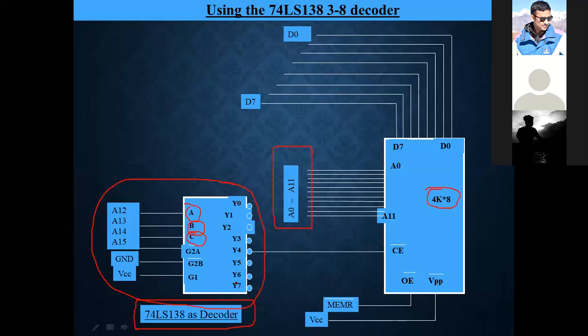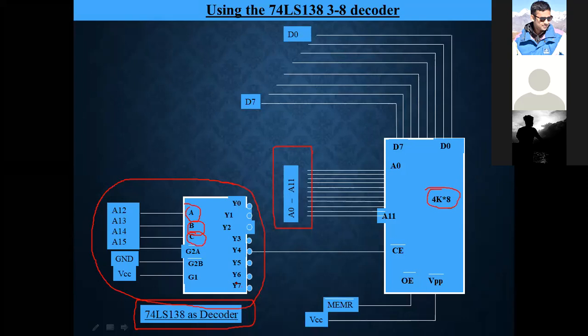In the question, it will be written like: interface 4K into 8 ROM with the microcontroller 8051 using a decoder or using a NAND gate. So if NAND gate is mentioned, you have to do it with the NAND gate, and if decoder is mentioned, you have to do it with the decoder.